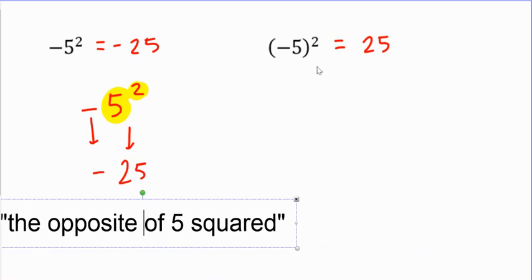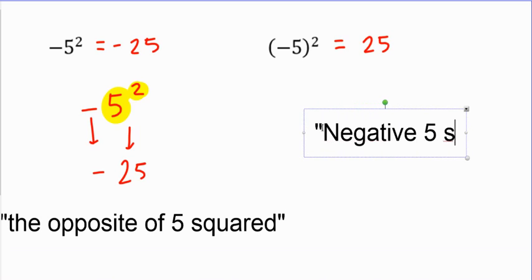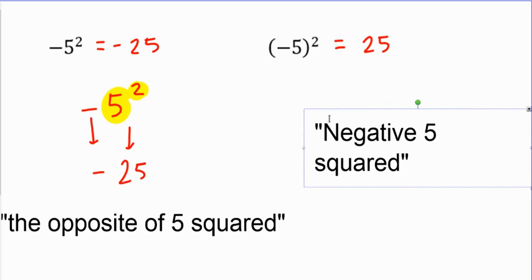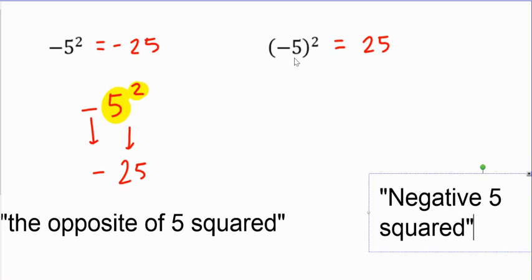Whereas this one here reads -5 squared. So the wording for these two are quite different. This is read as -5 squared. So this square right here is applied to the entire base because that parenthesis helps us know that we're squaring -5, right?